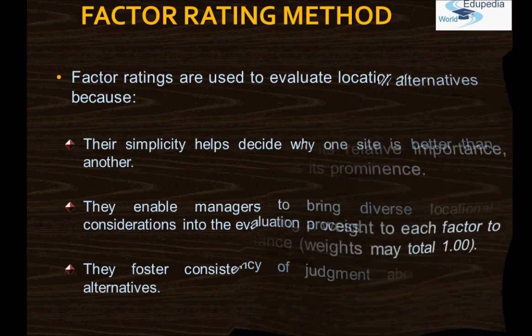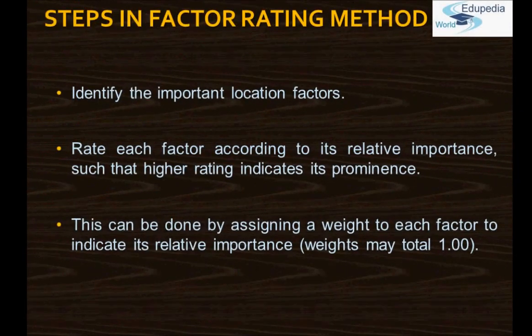So now let's look at the steps involved in the factor rating method. First of all, we identify the important location factors. After we have shortlisted a few locations as alternatives, we determine which are the most suitable factors for us. Once we have listed the factors, we rate these factors based on their relative importance, and a higher ranking indicates their prominence.